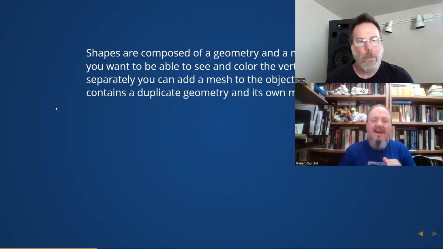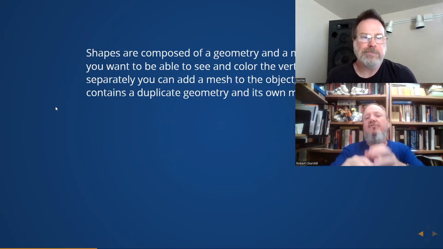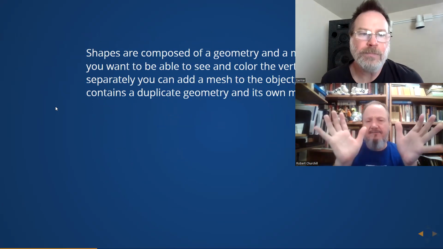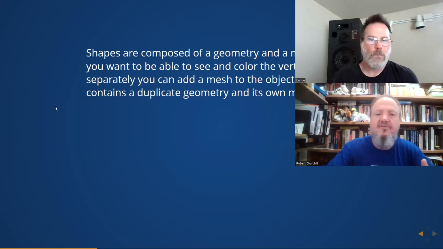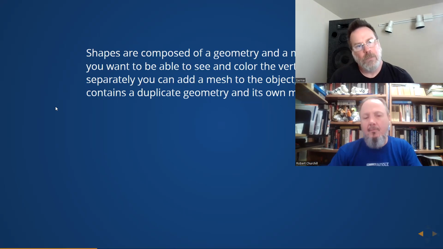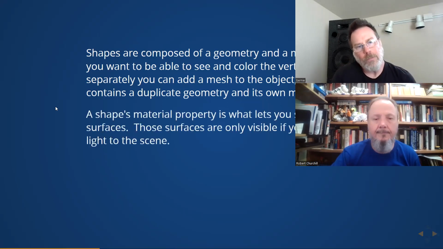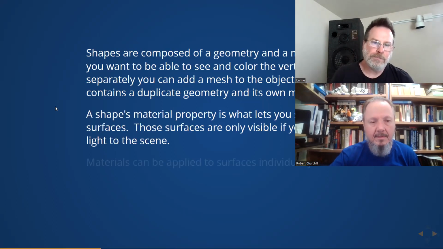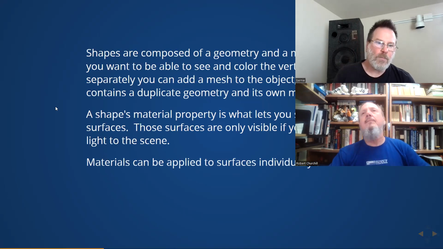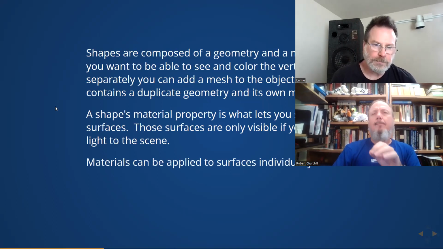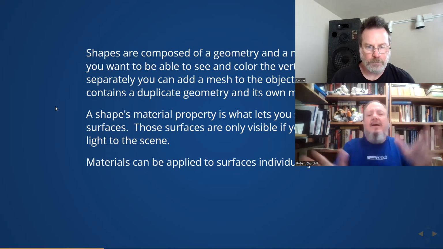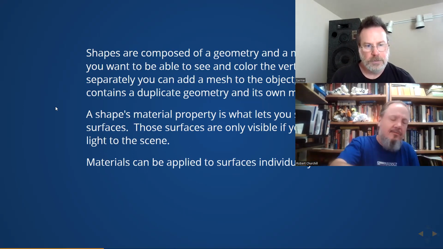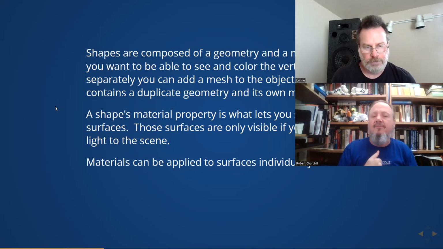So shapes are made up of a geometry, which shows where the edges and surfaces and the center are, and material, which shows how it interacts with light and how you're going to see the thing. And materials are usually applied to the individual surfaces, and if we make them small enough, they'll all run together smoothly over curved surfaces.